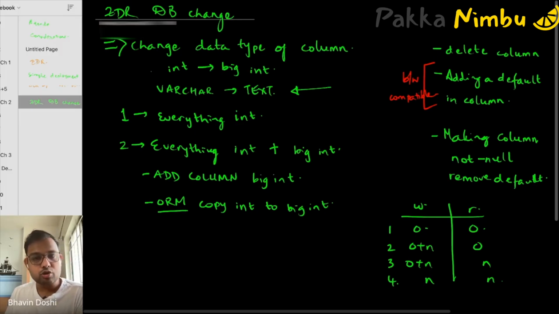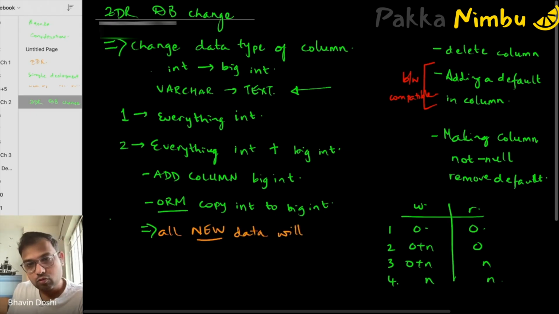So you just add the bigint column, and the net effect is all new data will have bigint.